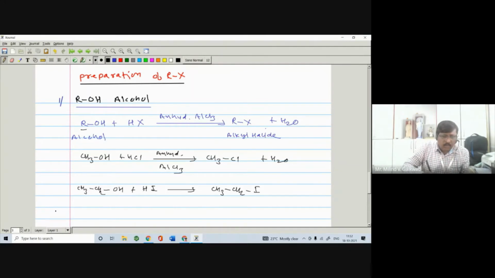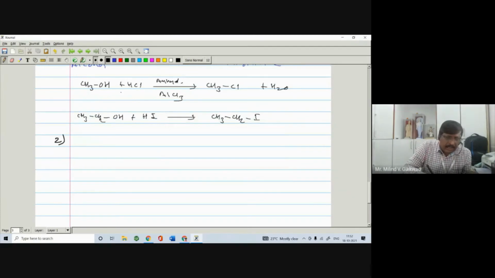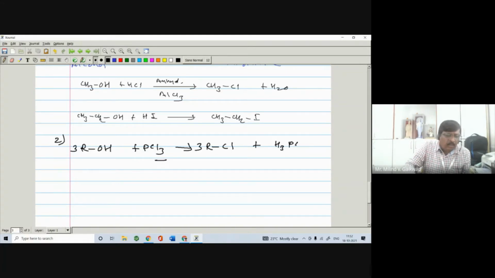Number two: alkyl halide can also be prepared starting from alcohol ROH by reaction with PCl3. Here there are three Cl, so you can use 3 molecules of alcohol and you get 3 molecules of RCl plus H3PO3.